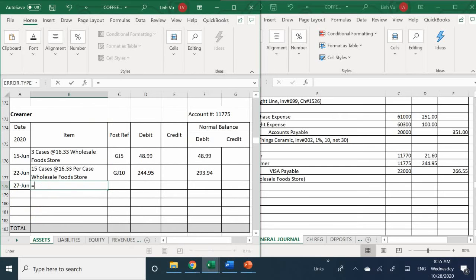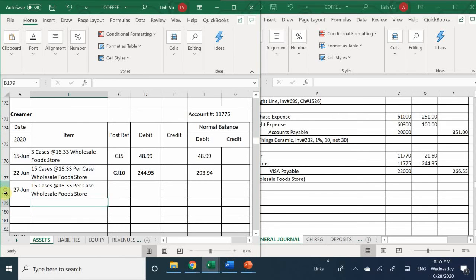Same thing from previous, we're gonna debit it for 244.95. And our new total is 538.89. 538.89 is correct. Good.